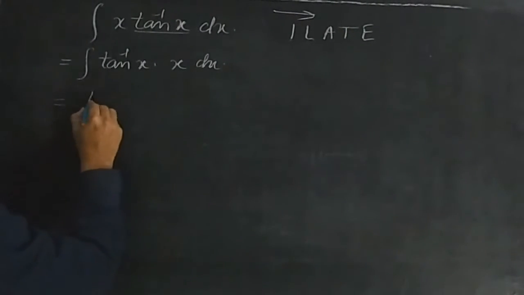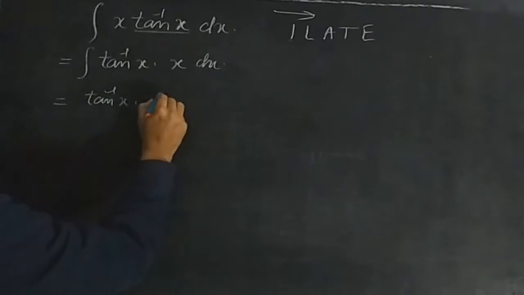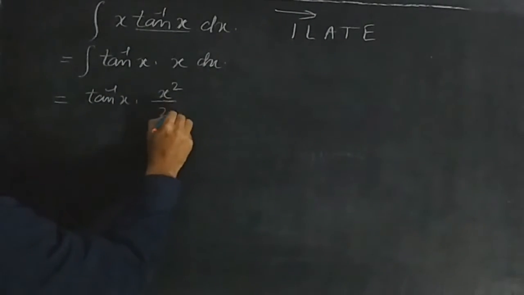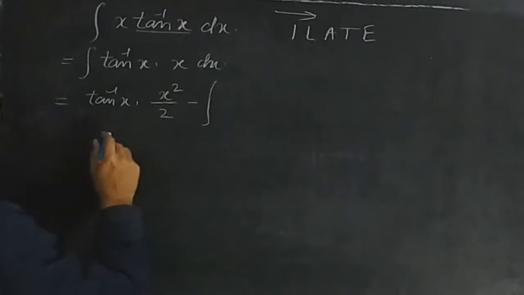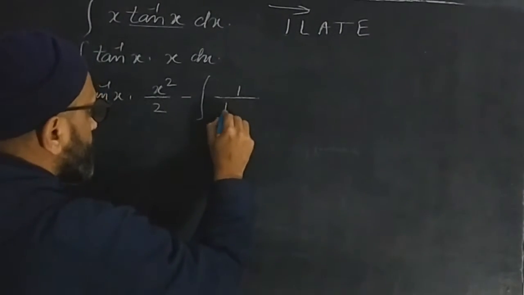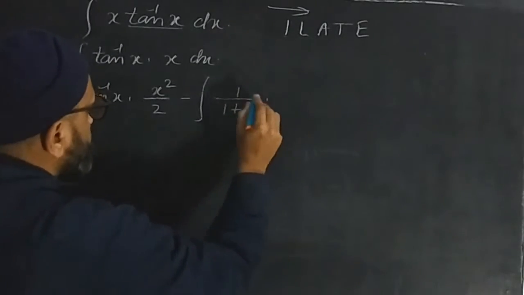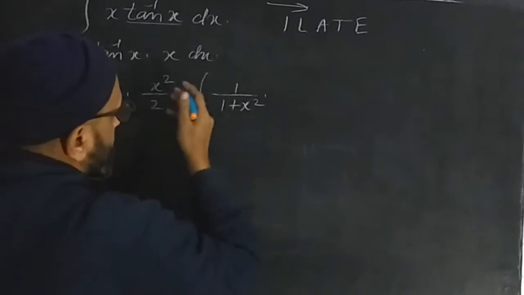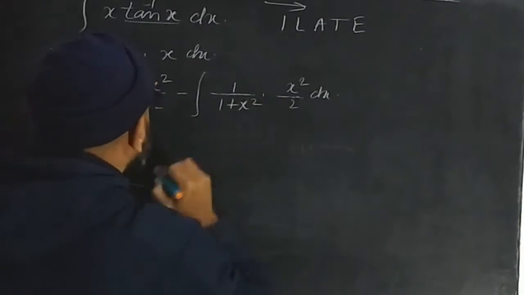So first function as it is, and integral of the second, x square upon 2, minus integral as a whole, differential of first, the differential of tan inverse x, as you know well, is 1 upon 1 plus x square, and integral of the second, as we have written outside, x square upon 2 dx.